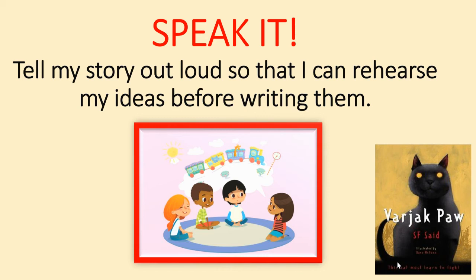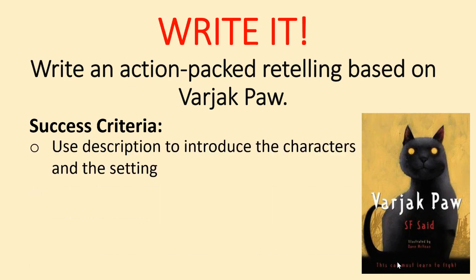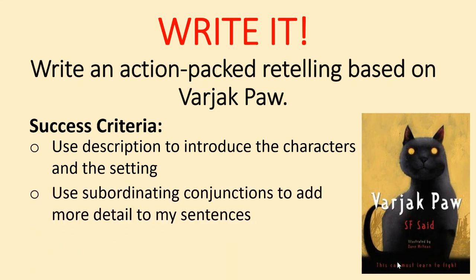Okay, fantastic. And so now we're going to write it. We're going to write an action-packed retelling based on Varjak Paw. And our success criteria, this is what I want you to make sure you include. You must use description to introduce the characters and the setting. That's really important. And we practiced that on Monday. You've done that. And then we're going to use subordinating conjunctions to add more detail to our sentences.